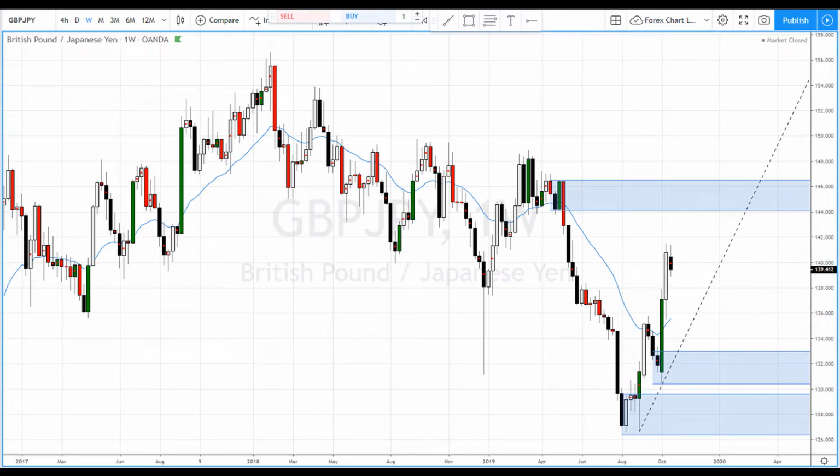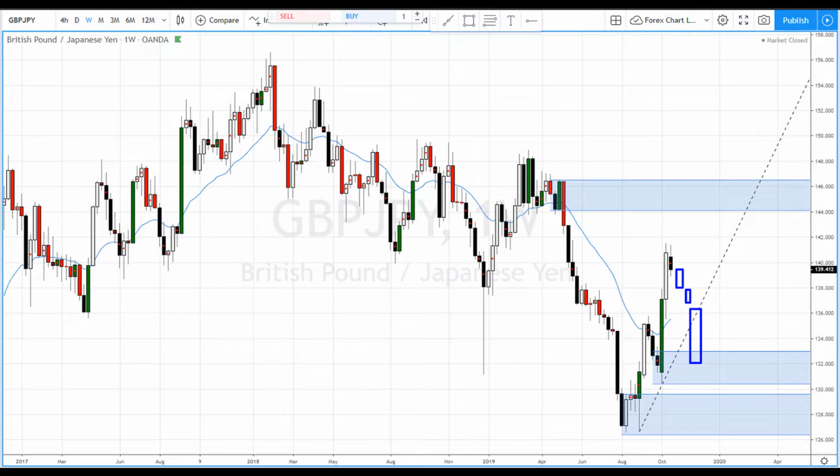So if price drops like that to make a big drop, or ideally you want to see price do this, maybe another one, and then drop like that, then it confirms that this is a valid long.